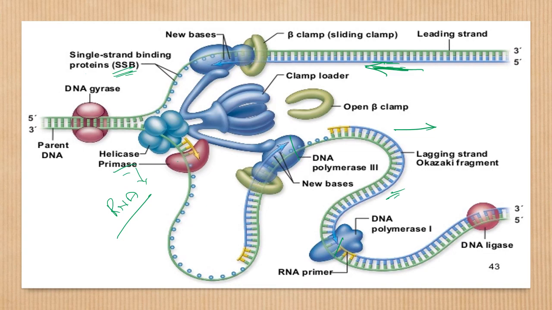Now you may have a doubt about the beta clamp, alpha, beta, and sigma. These are all parts of DNA polymerase 3, remember. This is a brief representation.